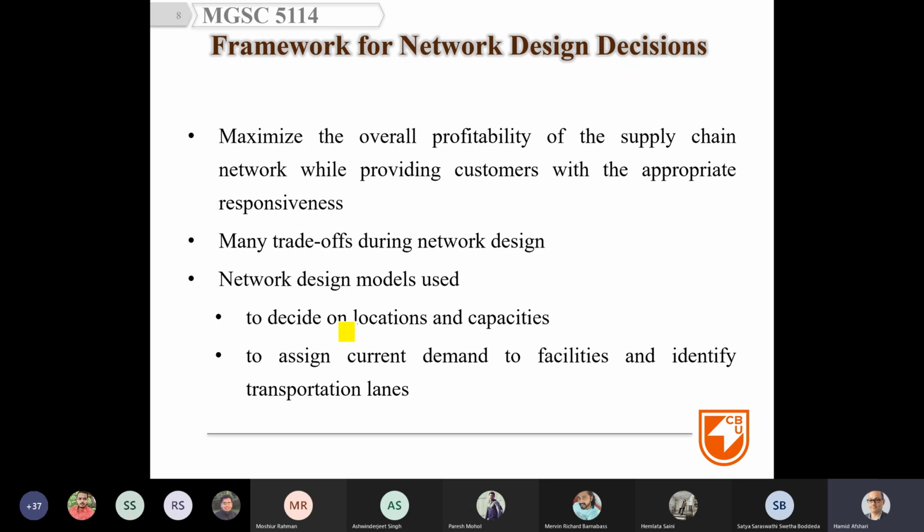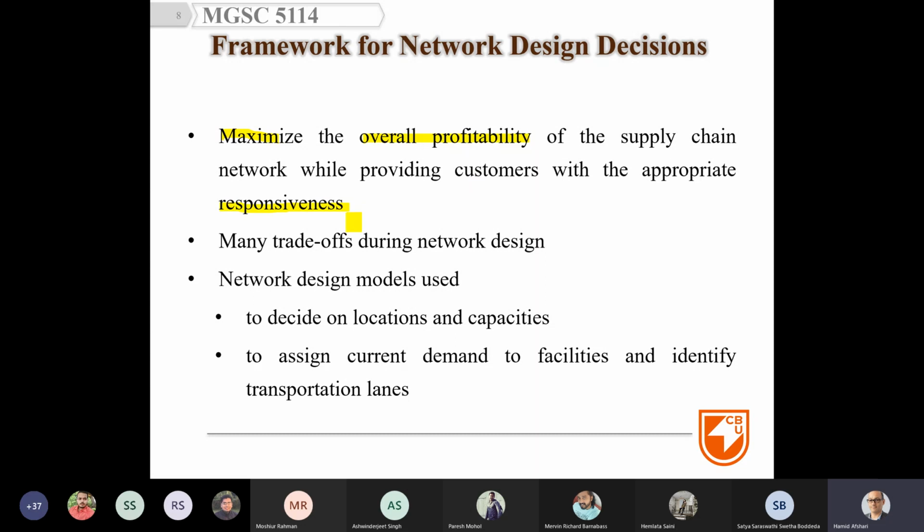So what is the goal? We want to maximize the overall profitability of the supply chain network while providing customers with appropriate responsiveness. So we have both goals in mind.